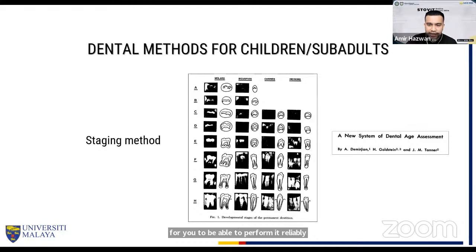So at the moment, with our undergraduate elective project, we are conducting research into whether it's enough for inexperienced practitioners without postgraduate qualifications to perform dental age estimation methods, comparing their results without training and with some training, to see whether it's enough for them to perform it reliably and accurately.